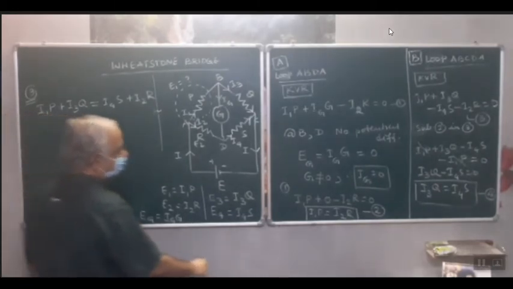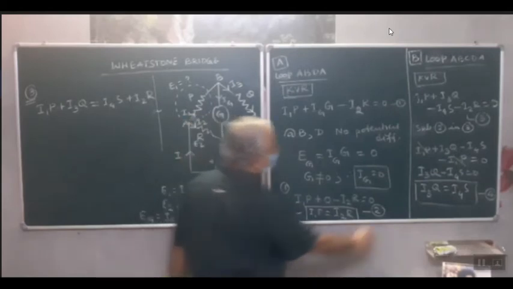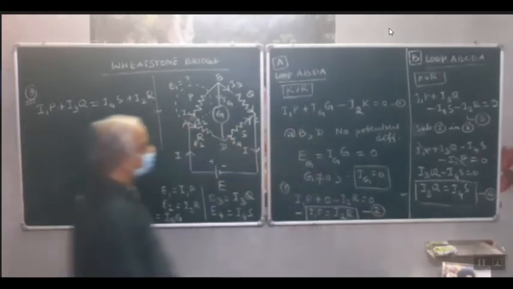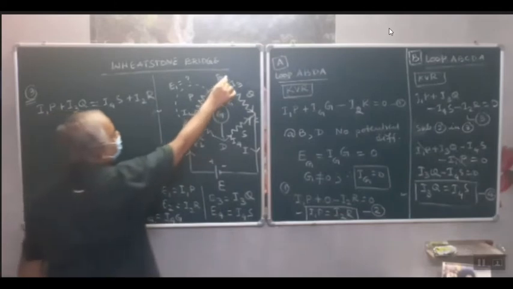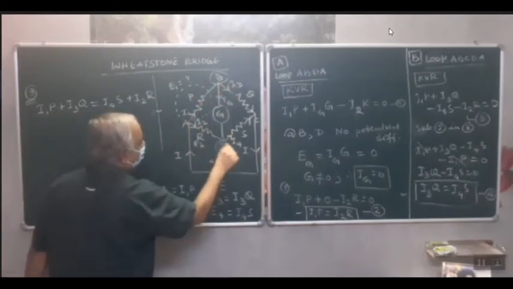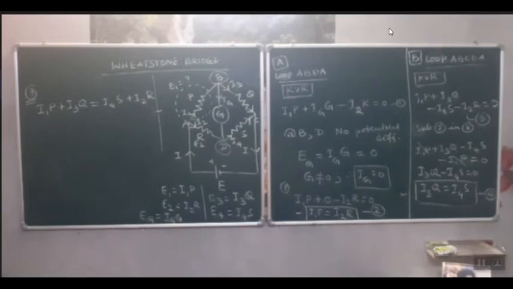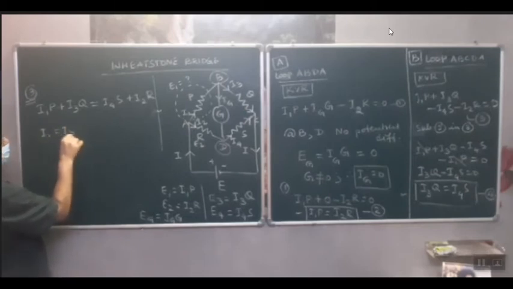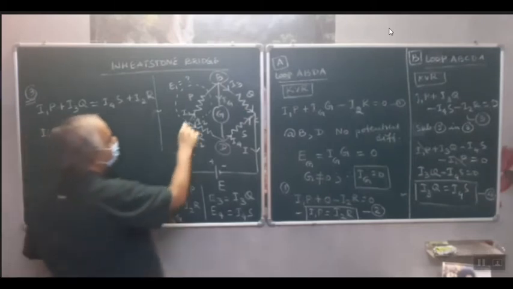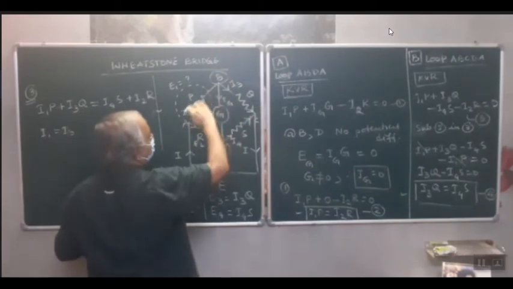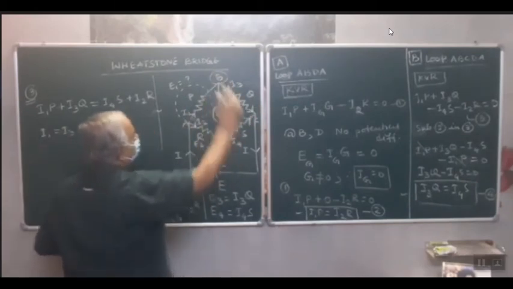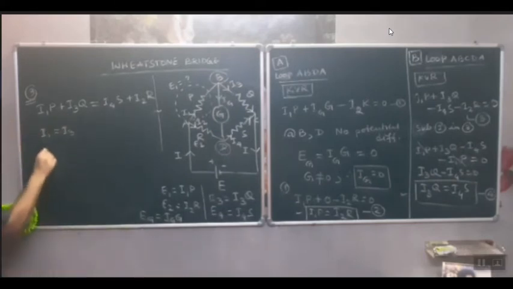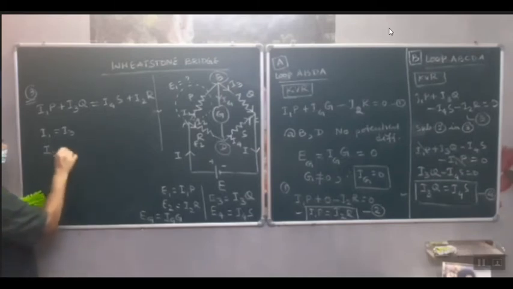At B and D, there is no potential difference. Therefore, I1 is equal to I3. Similarly, I2 is equal to I4.